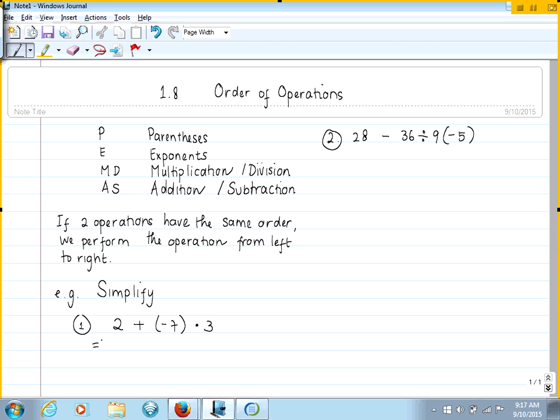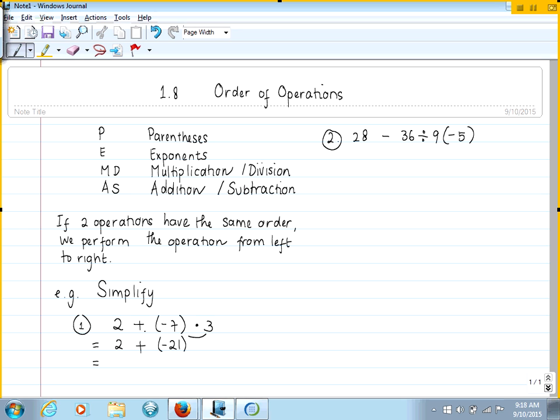So number 1, what operations do we have here? Addition and multiplication. So which one has a higher order? Multiplication. So we will do this one first, right? So this is 2 plus, copy. What is negative 7 times 3? Negative 21. Yes.